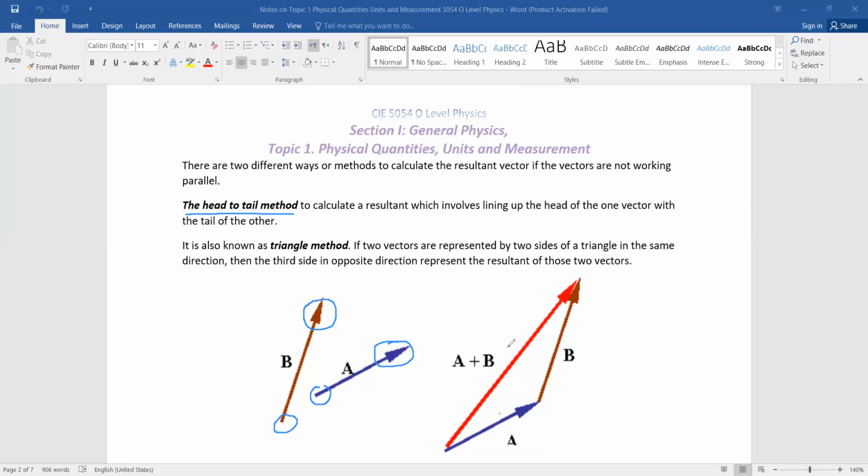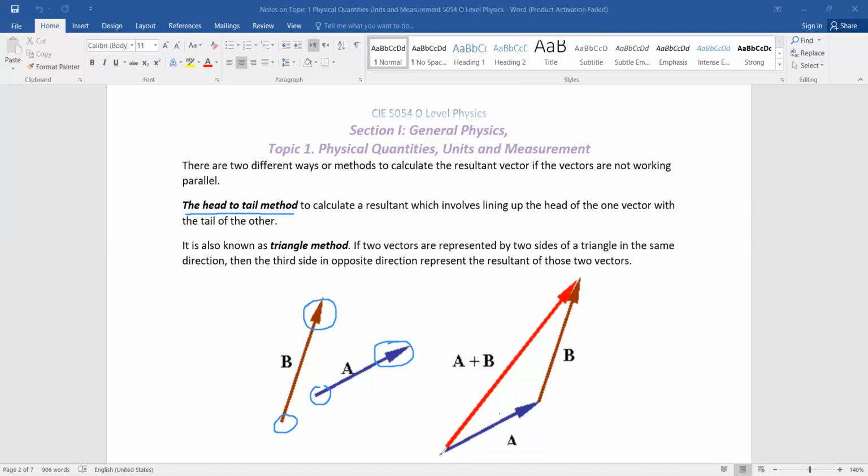And when we get the resultant, the given vectors are working in a direction: A is working in a direction and B is working in a direction, and they are following the order.